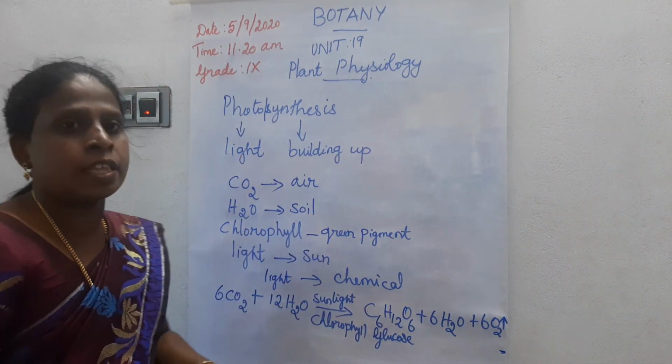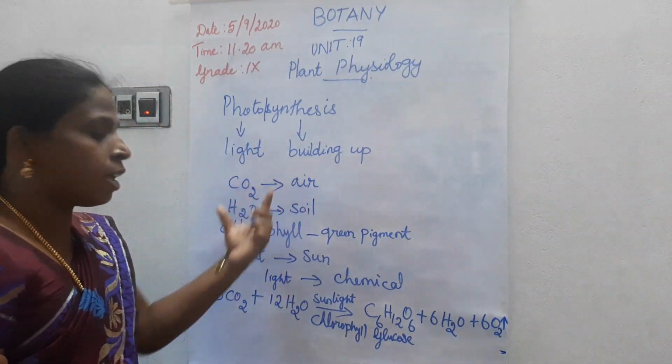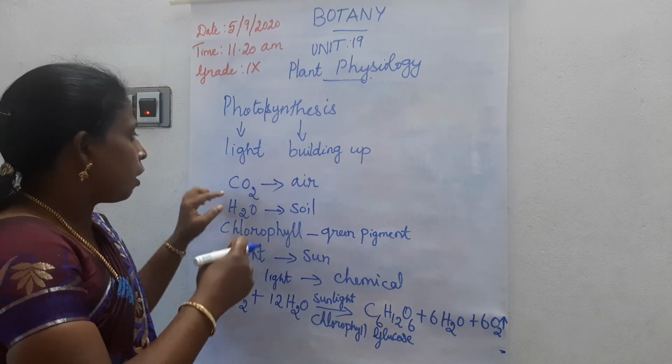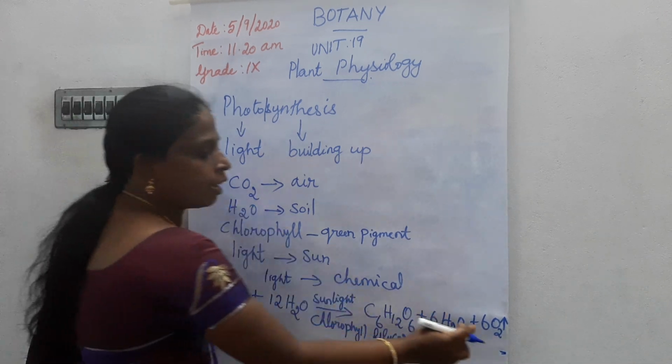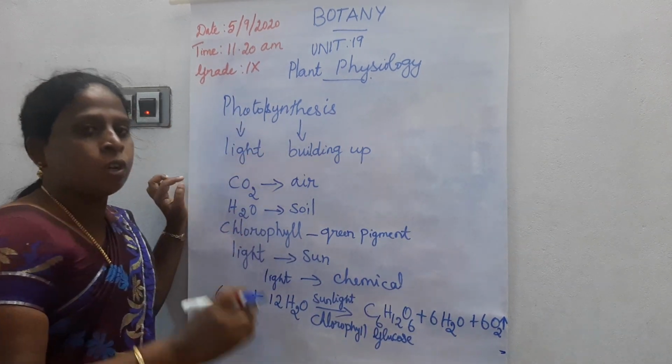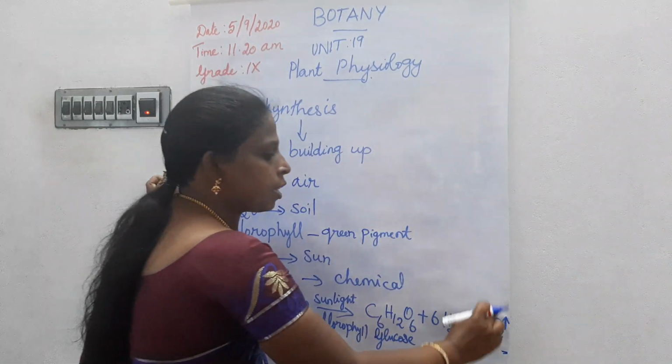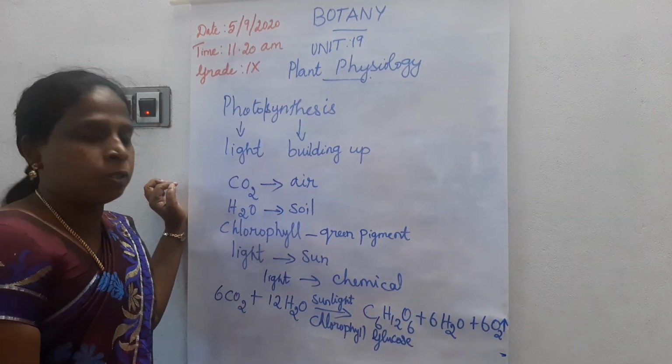So during photosynthesis carbon dioxide is taken in, they absorb carbon dioxide and release oxygen. So during photosynthesis, the oxygen gas is evolved outside.